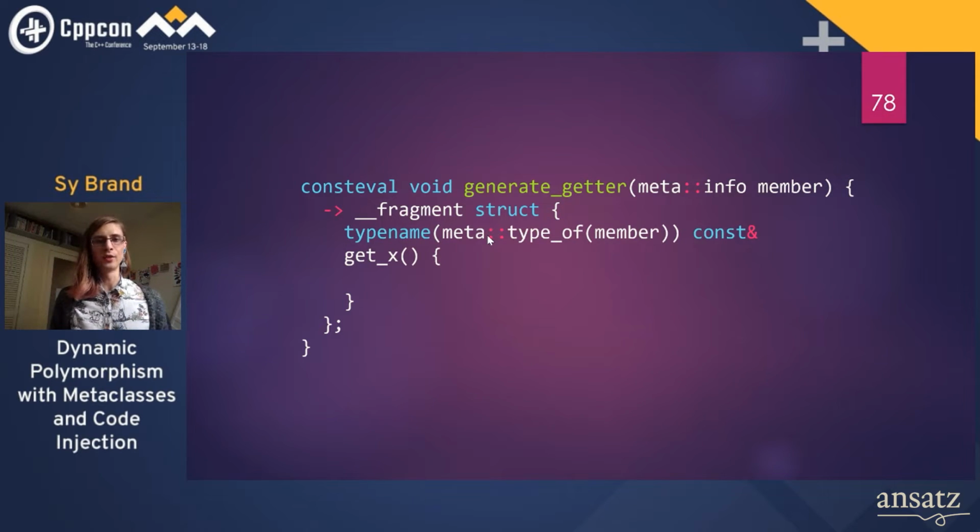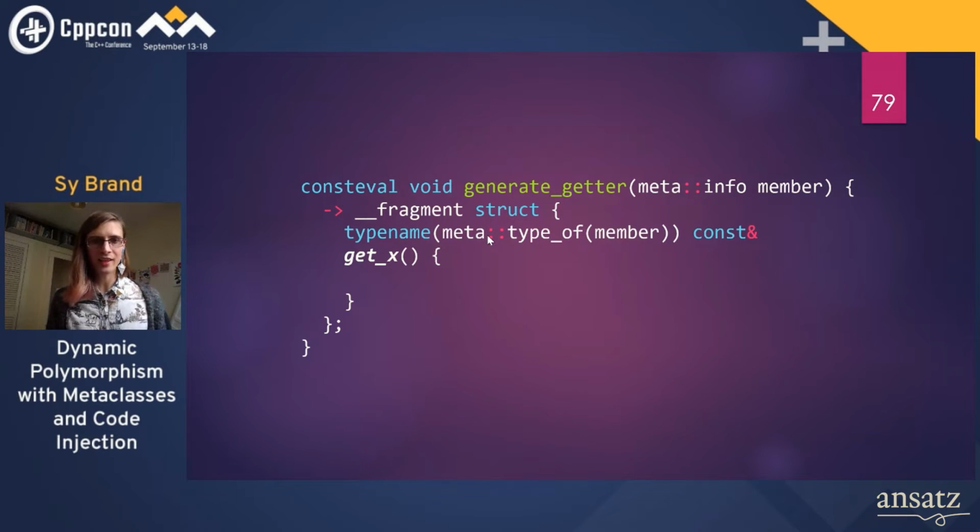We're going to change that into type name, type of member. What this does is type of member gets you this type, and then type name turns that into a C++ world type. Okay. These things, like type name and expr ID, are called reifiers. They turn some reflection information into C++ constructs.